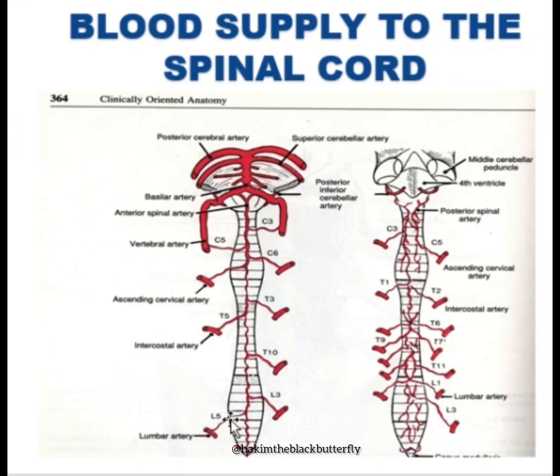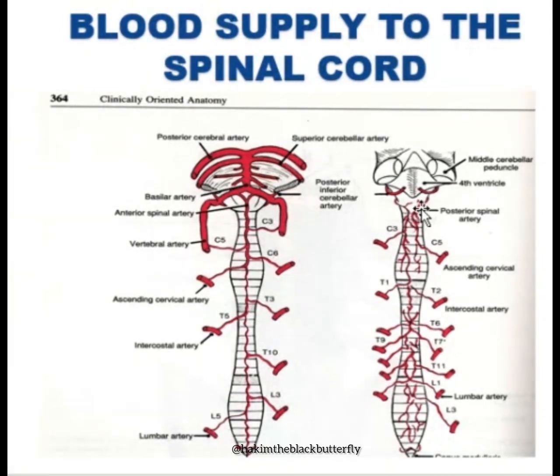And then the lumbar spinal arteries also supplement the anterior spinal artery when it is supplying the lumbar portion of the spinal cord. So this anterior spinal artery, much as it supplies the anterior part of the spinal cord, gets compensatory branches from these other arteries, which are the segmental arteries.